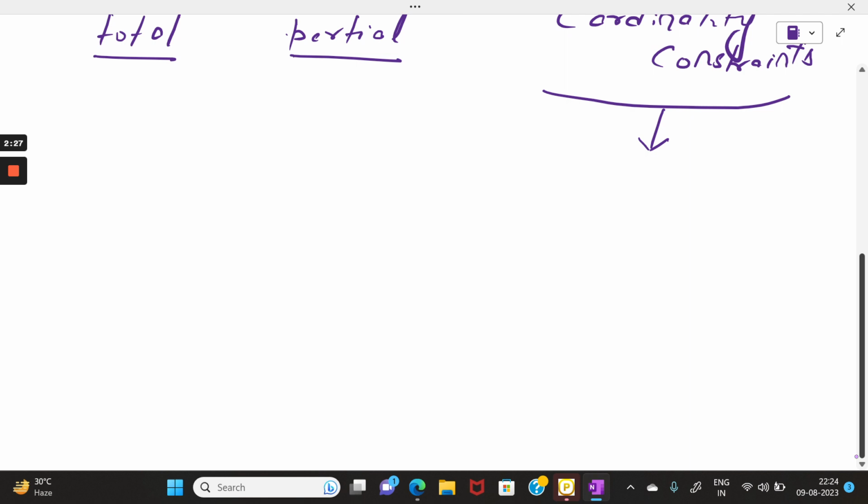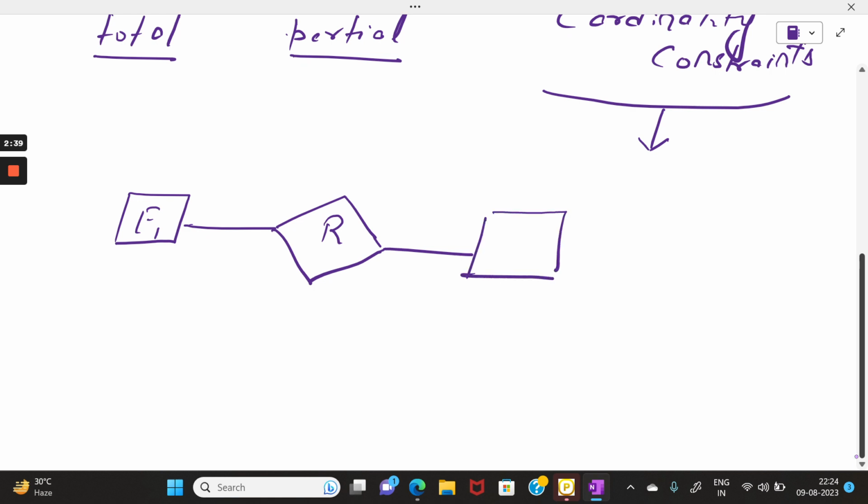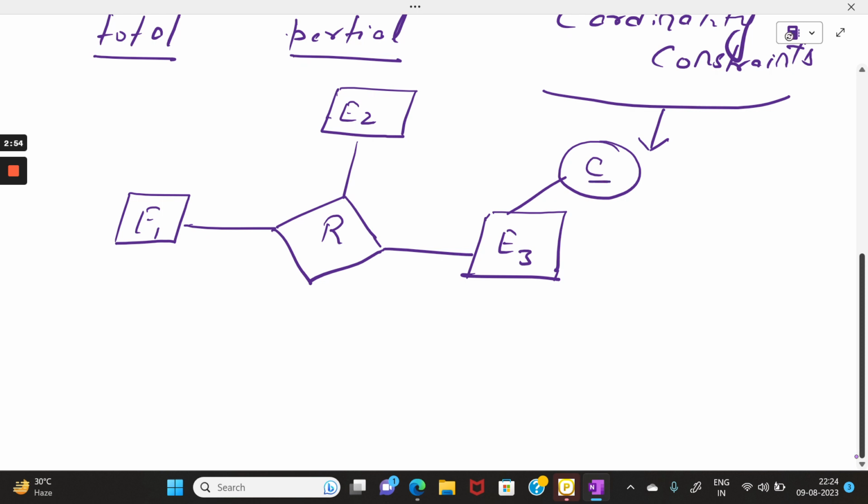Let's say there is an entity relationship model diagram with entity set E1 and a relationship set R. There is one more entity set E3, and then we have E2. For E3 we have the candidate key C, for E2 we have B as the candidate key, and for E1 we have A as the candidate key.